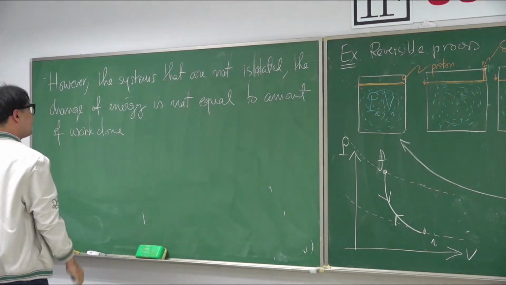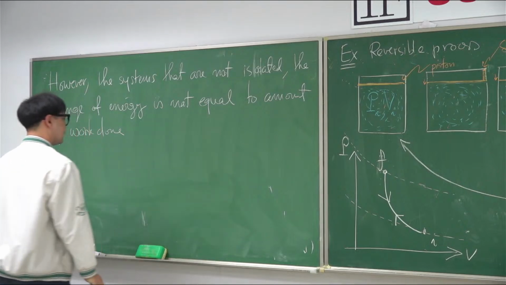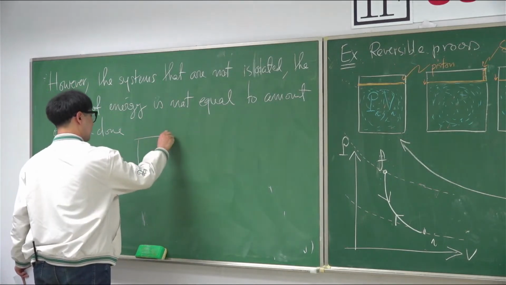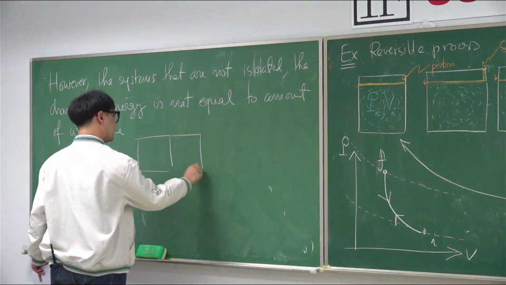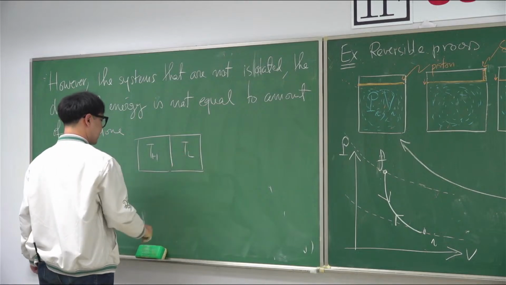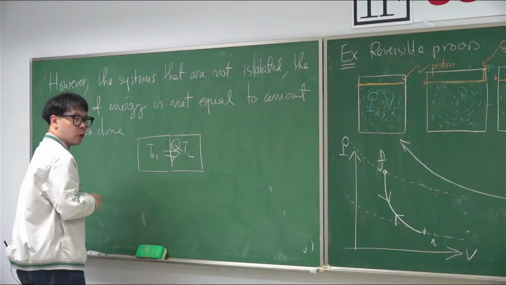So it means that there is another way that the internal energy of your system can be changed. Like if you have attached two systems which have different temperatures, the heat will flow from the higher one to the lower one, right?